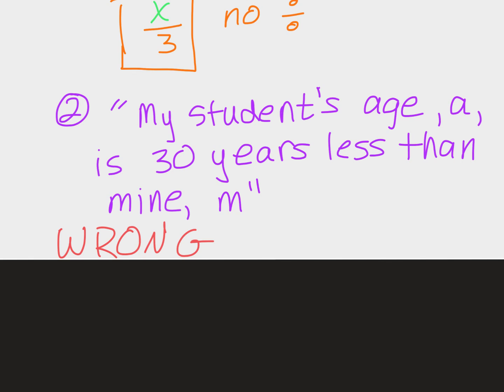I'm getting ready to show you an example of how to do number 2 wrong. I'm going to show you the most common mistake that I see. A lot of kids just go in the order of what the problem says. Since A comes first, they say A. And because it says 30 years less than, they think, okay, less than means subtraction, so I'm going to write that down.